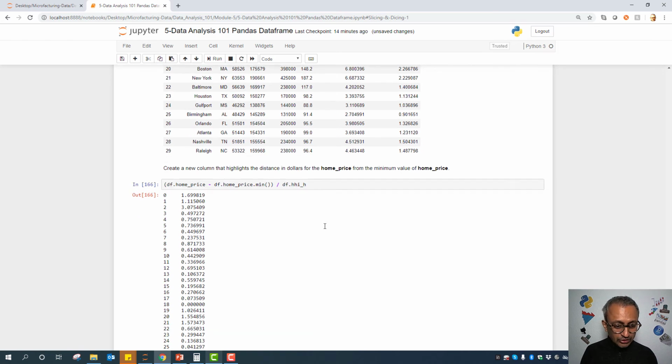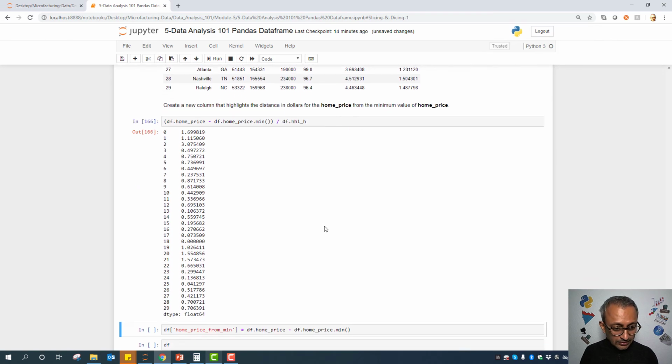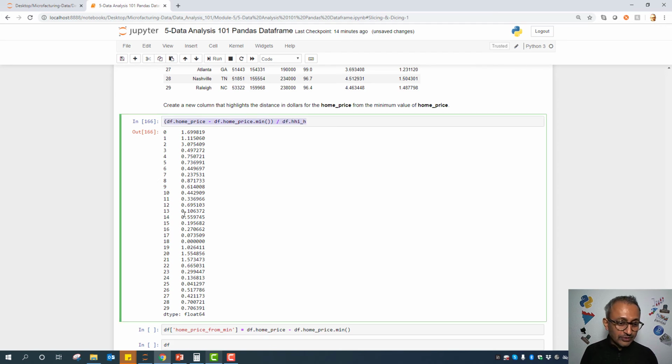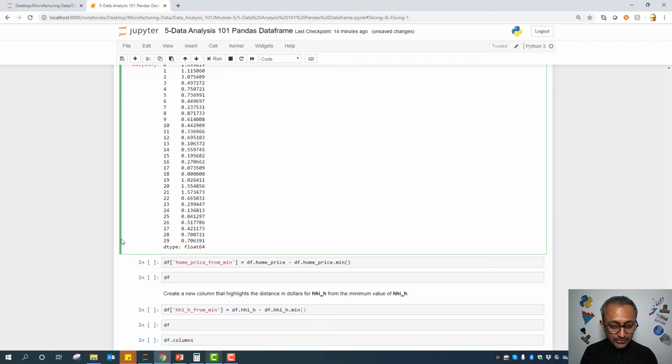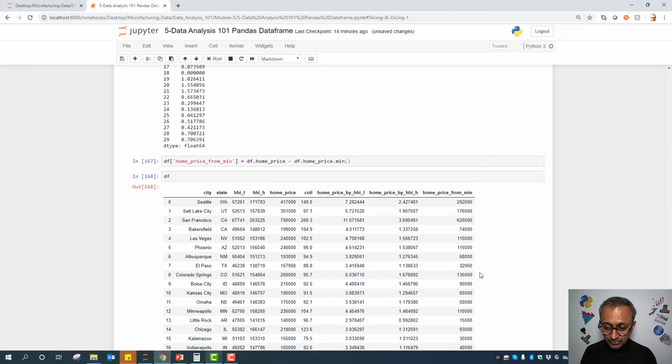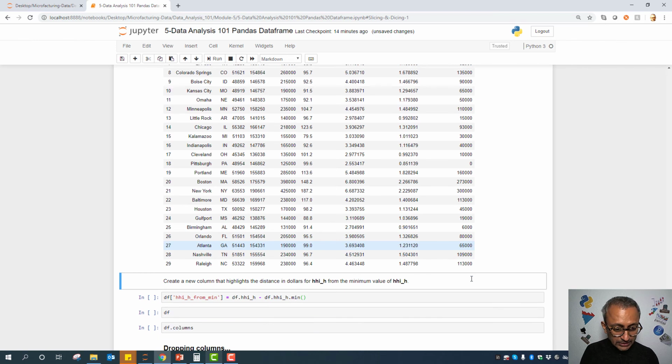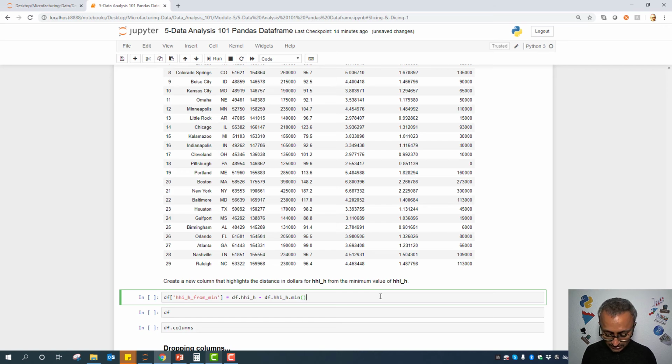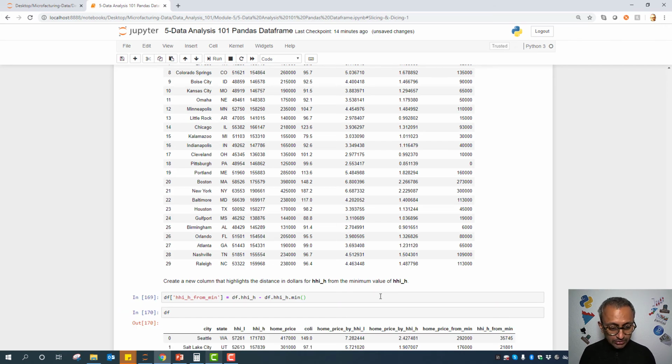This is another metric you can use to measure, this could be a measure of your quality of life depending upon how much money you make, right? Home price from min. You can add another column, and now you have that home price from minimum. Another column that highlights the distance in dollars for HHIH from the minimum value of HHIH. So we can keep adding columns like that.